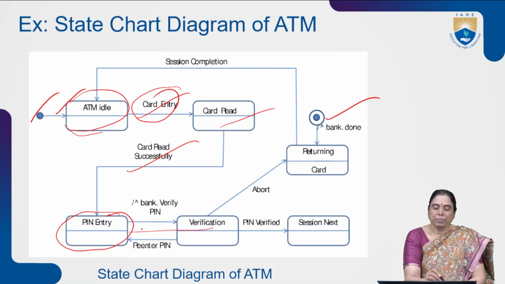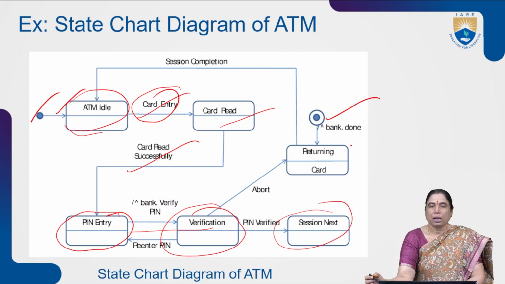So after pin entry, in the pin verification state, the ATM and pin are verified, the session proceeds and returns to the card. So during execution, how the software behavior is represented with a series of states and the occurrence of events is modeled with the help of the state chart diagram of the ATM.